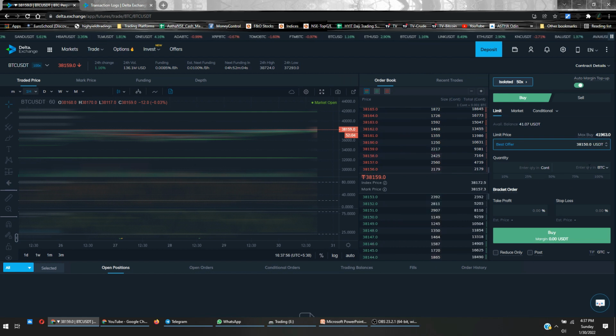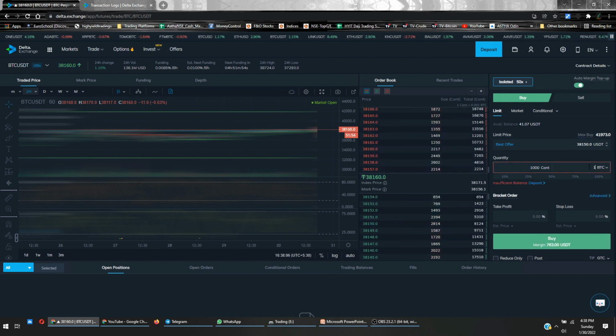Now you see two things here: CONT, that is the contract, and BTC, that is Bitcoin. If I type in one in the Bitcoin box, 1,000 is getting updated automatically, which means that one Bitcoin is equal to 1,000 contracts.